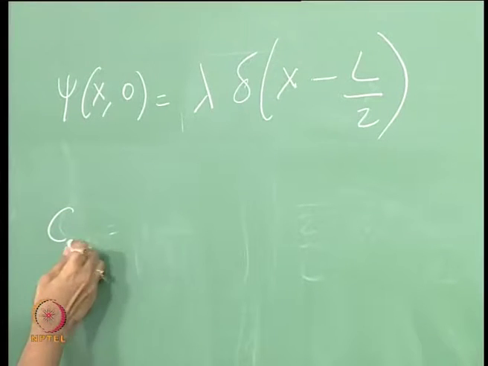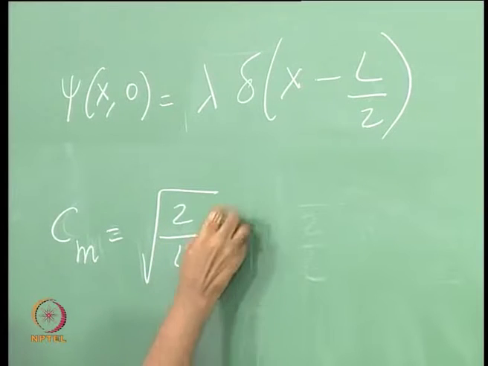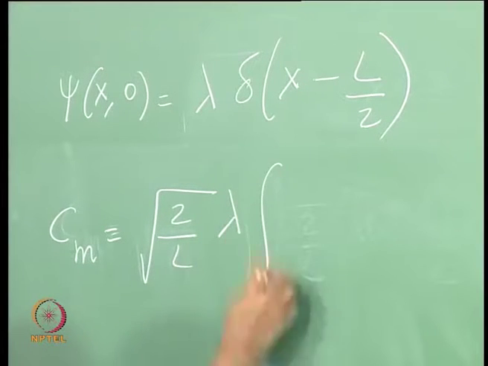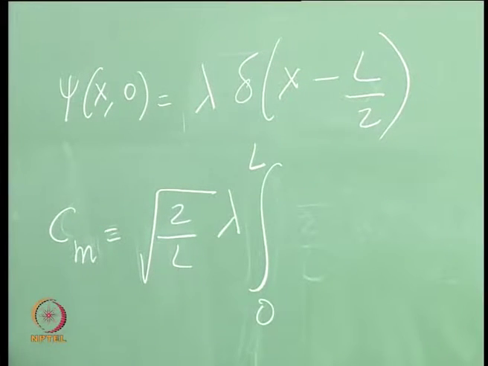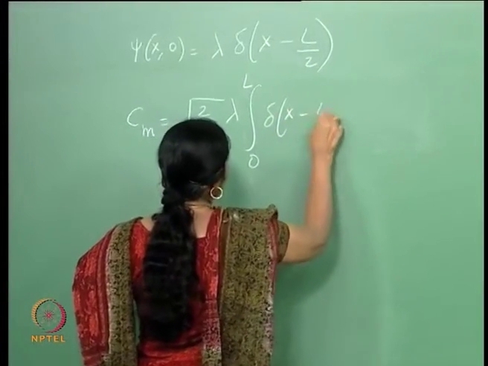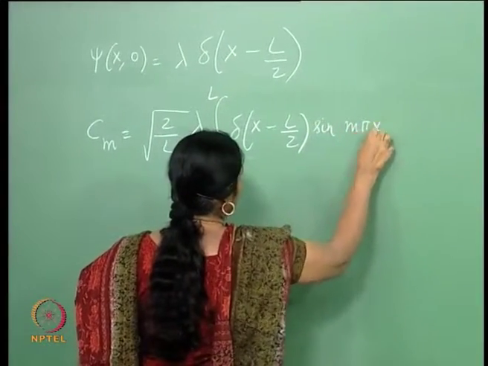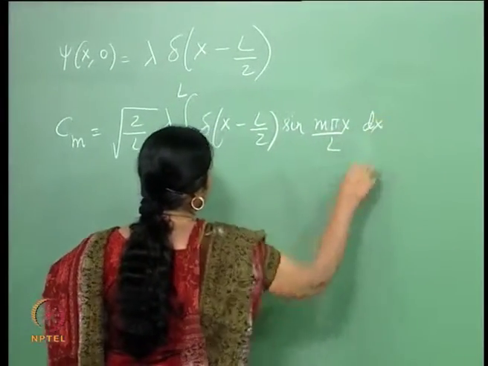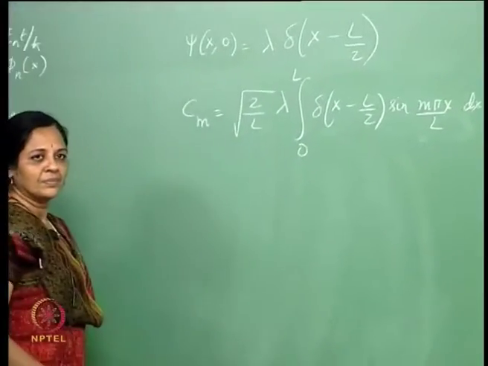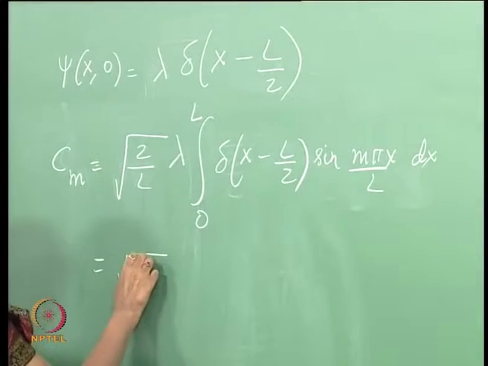Once more we can find out Cm, and that is root of 2 by L lambda integral 0 to L delta of x minus L by 2 sine m pi x by L dx. Do you see what this is?